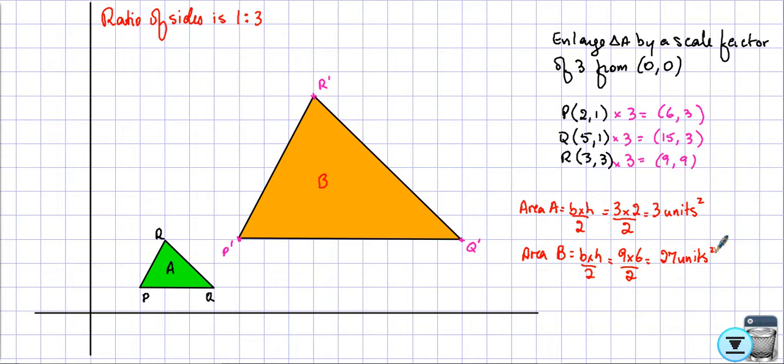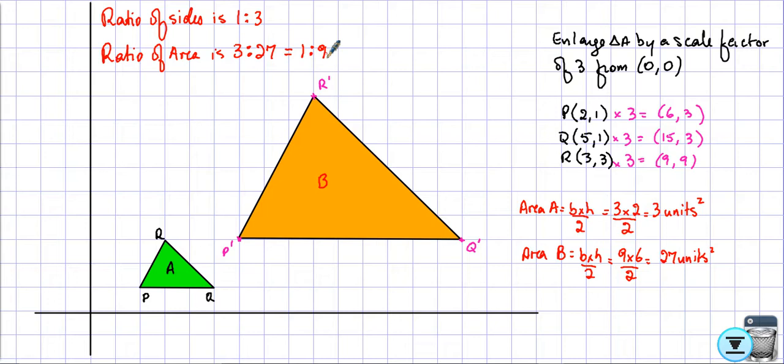So if I had to talk about the ratio of the area, the ratio of area is 3:27, which can be simplified to 1:9 because I could divide by 3, a common factor.